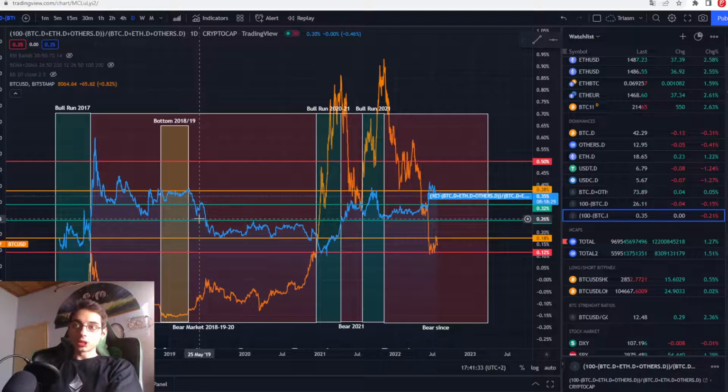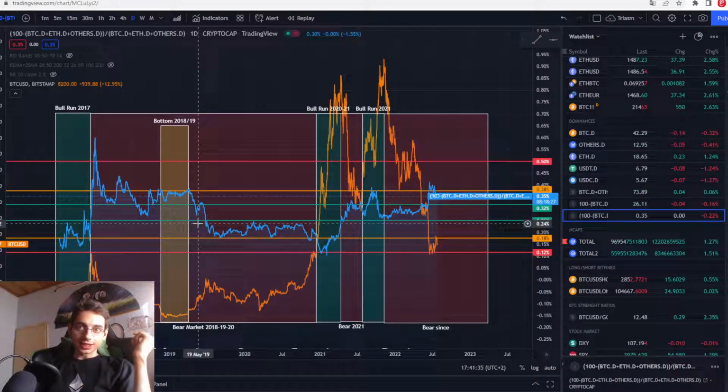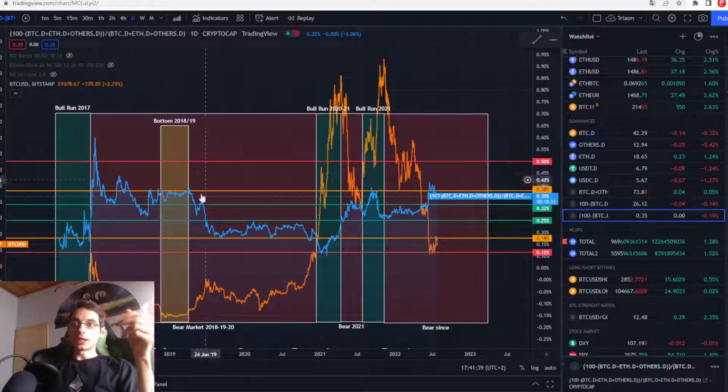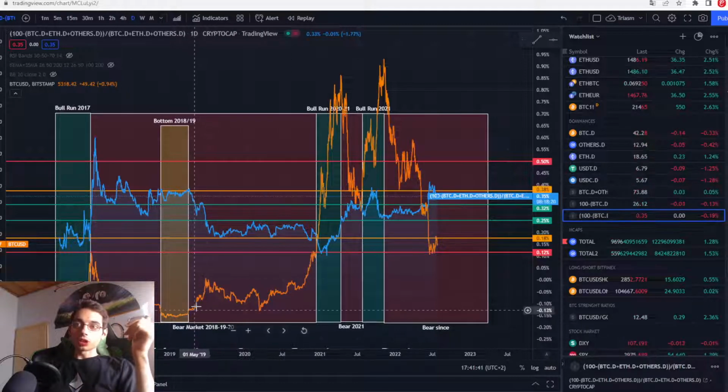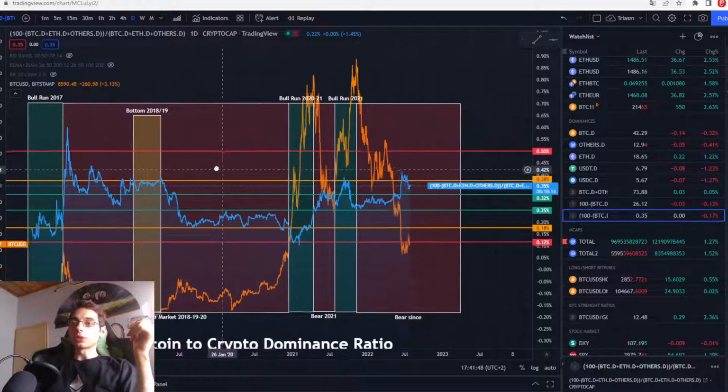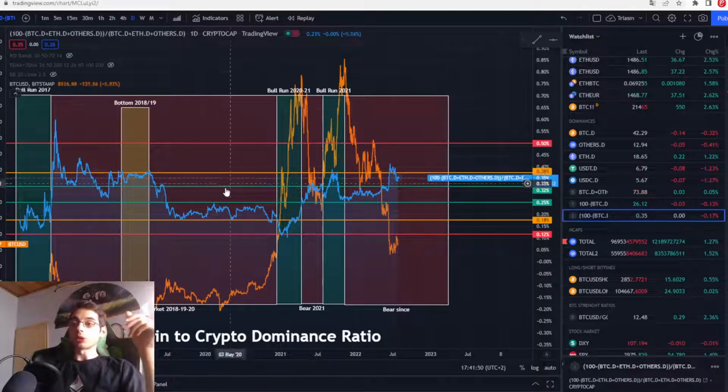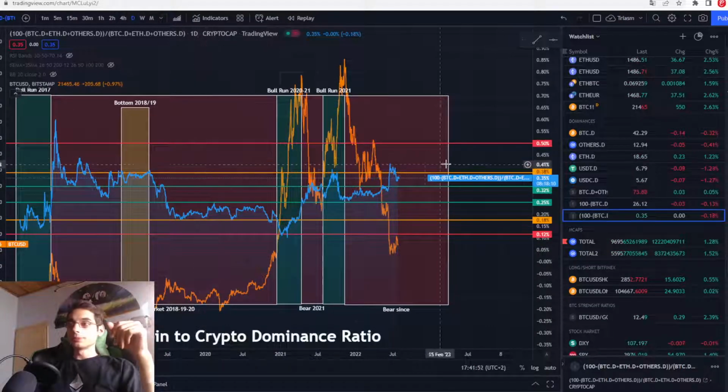And as soon as we got down, because the last cycle, as I already said, was the opposite. When we started getting up with the price, the crypto to stablecoin to crypto dominance ratio was falling down.